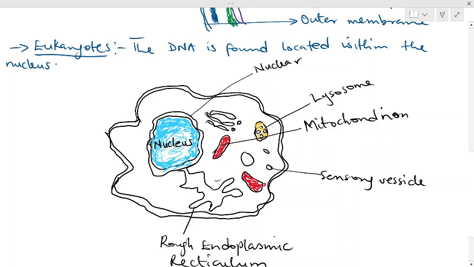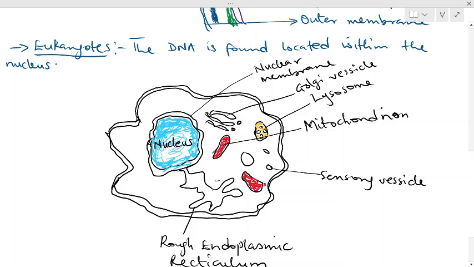Then we have this as the Golgi bodies, the Golgi vesicles.